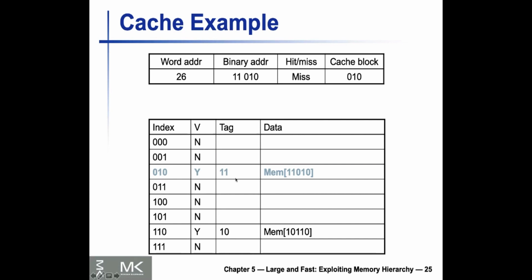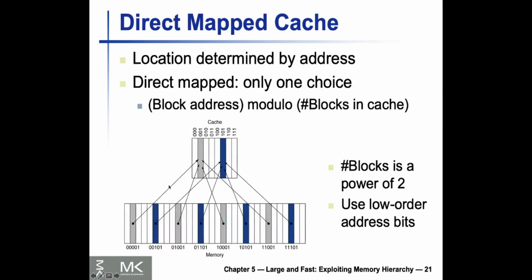Oh, so it's the index that says which block I should go into. Yeah, but we use the tag to understand which data it is. So we have 2 things now. We use the index to find where all the grays are going to be mapped, right? But when we are here, we have to find which of these grays was here, and thus we need to use the tag.